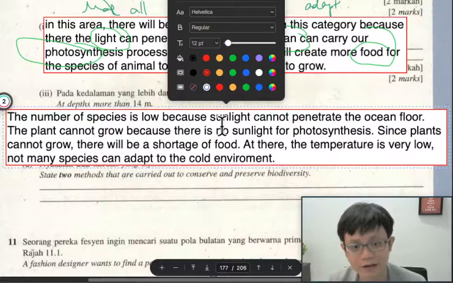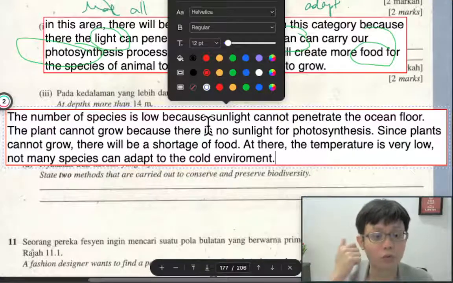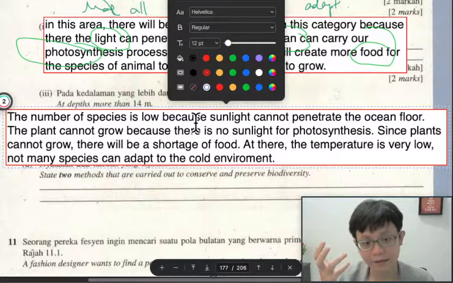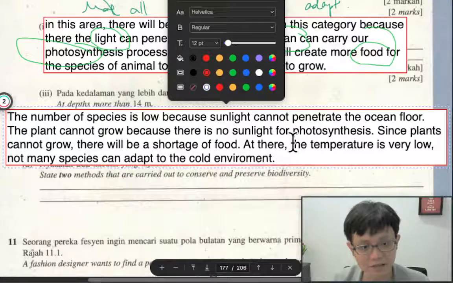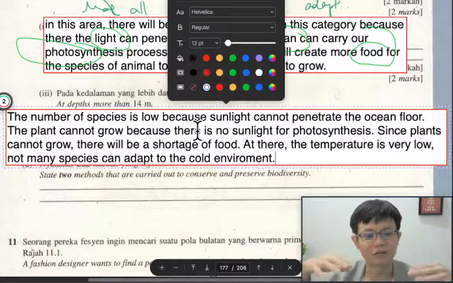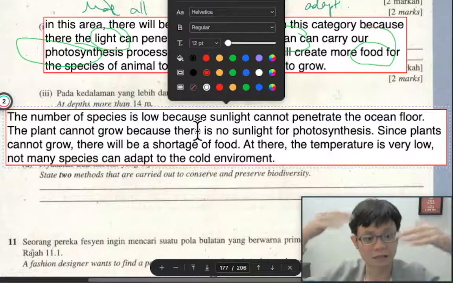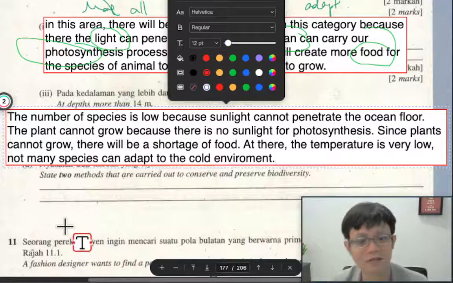Very important, you are able to answer, because when you go to university, whatever lah, people ask you or the exam asks you, you must answer in a meaningful way. There is a meaning. You don't just say blah blah blah. If you answer properly, we know this is a good answer, and a bad answer maybe "because there is no sunlight".